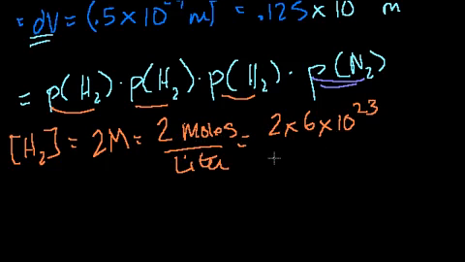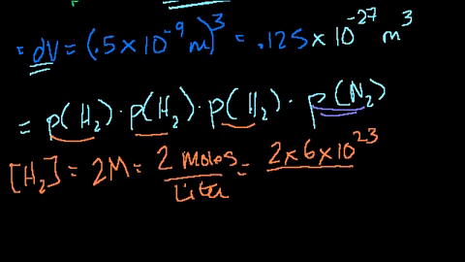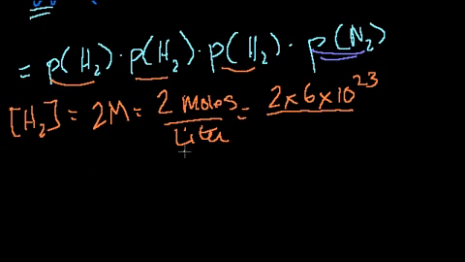Moles is just a number, divided by liters. So 1 liter, we could write it in meters cubed, or we could just make the conversion. 1 liter is equal to 1 times 10 to the minus 3 meters cubed. If you actually take a meter cubed, you can put 1,000 liters in there.